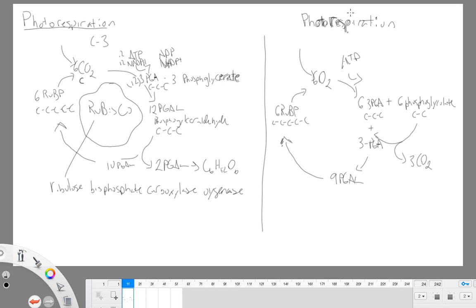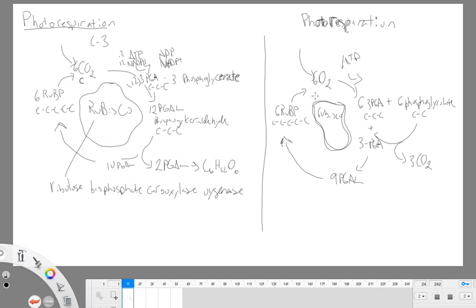When our plants and algae started evolving and undergoing photosynthesis, the amount of oxygen in the atmosphere was very low. And I should say, this is that Rubisco, the enzyme that is carrying out this entire process.